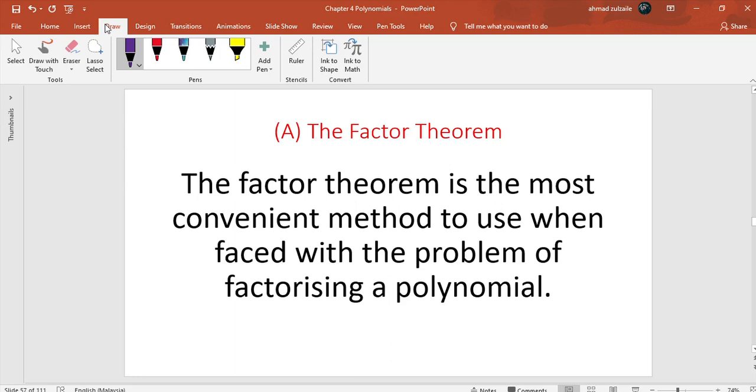However, the factor theorem is the most convenient method to use when faced with the problem of factorizing a polynomial. Okay, so rather than using your calculator to determine the correct factor for that quadratic, actually you can use this factor theorem to determine the factor.